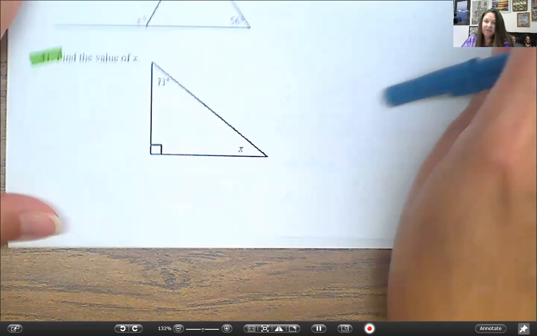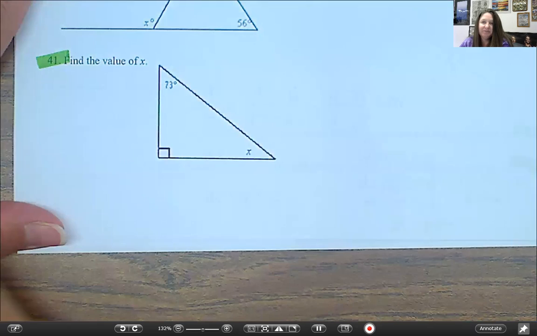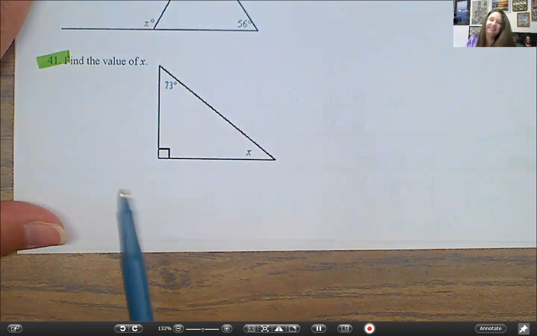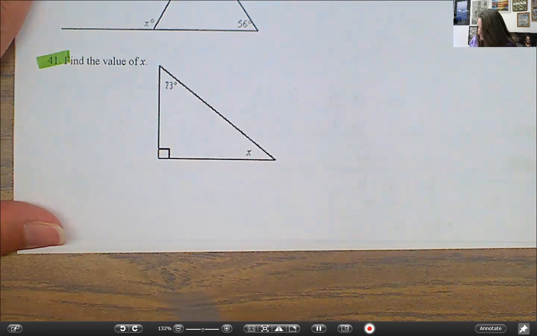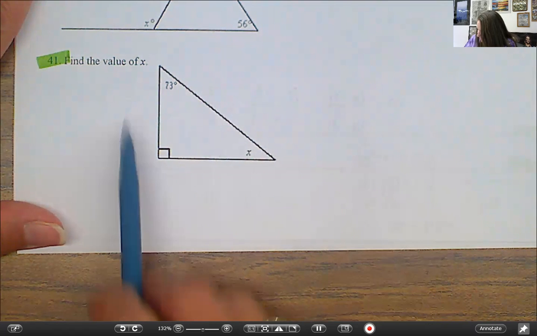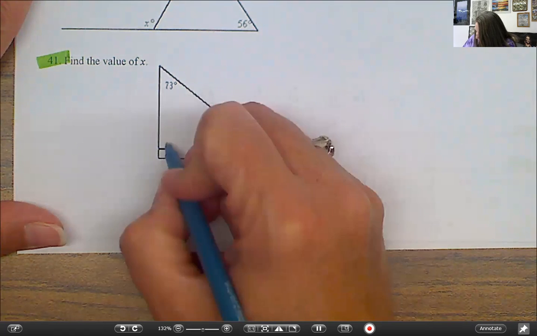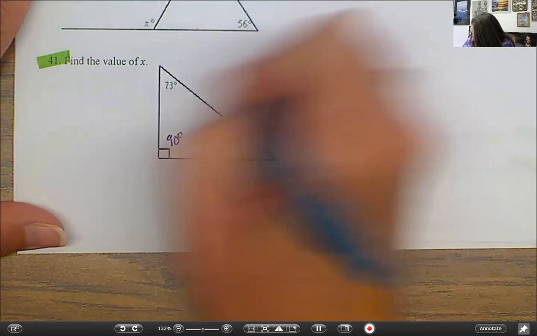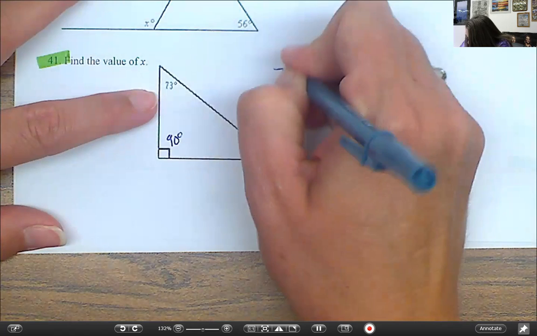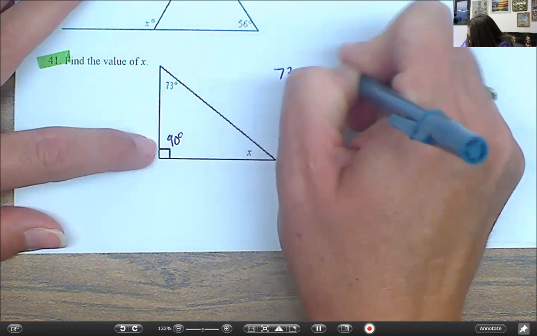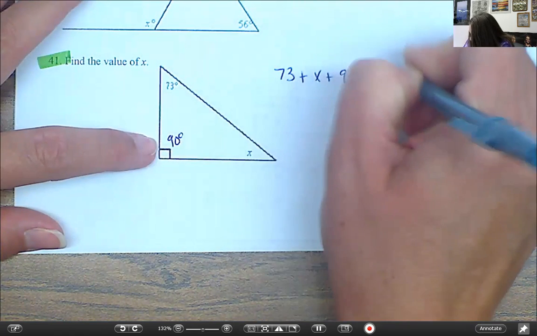Okay, we're going to start to move into some of our triangle problems now. So another key idea is that the angles of a triangle always have to add up to 180 degrees. So here I notice I have a right triangle, which gives me a 90-degree angle. So then I have 73 plus x plus 90, which has to equal 180.